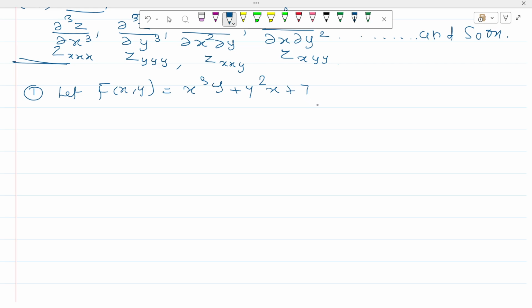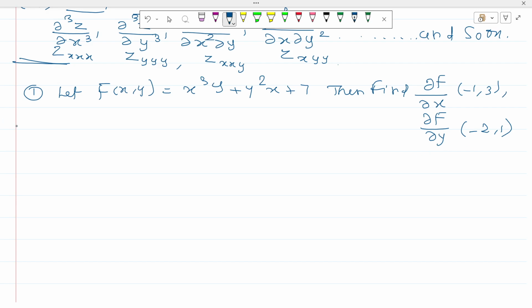So what you need to calculate is dou f by dou x at minus 1 comma 3, and dou f by dou y at minus 2 comma 1.